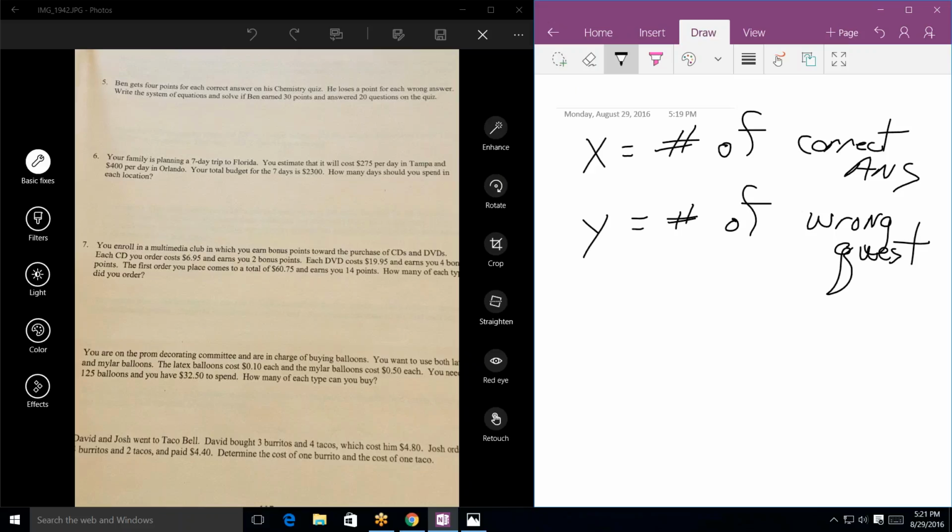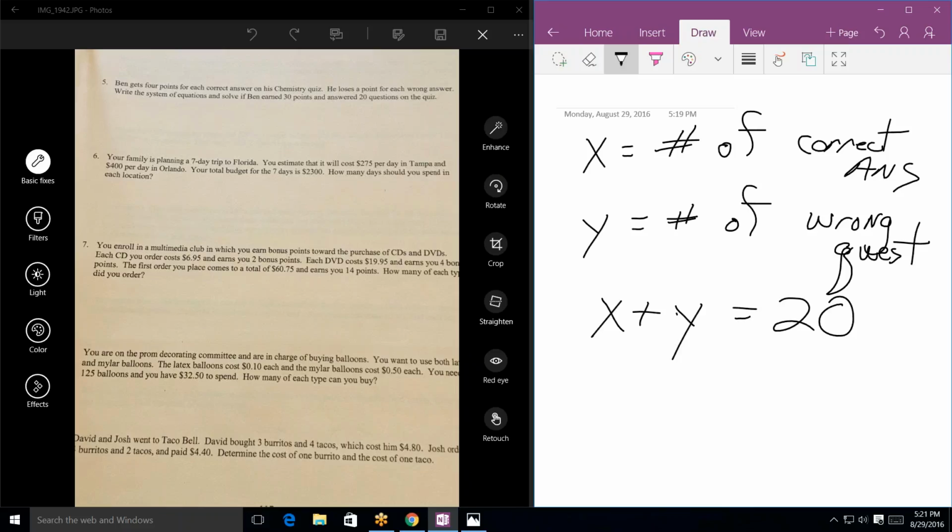Now it makes it really easy to write an equation that specifies this sentence. He got 30 points on the test. So what's the equation? So the equation would be x plus y is equal to the number of questions. That's equal to 20. So that's an equation: x plus y equals 20.